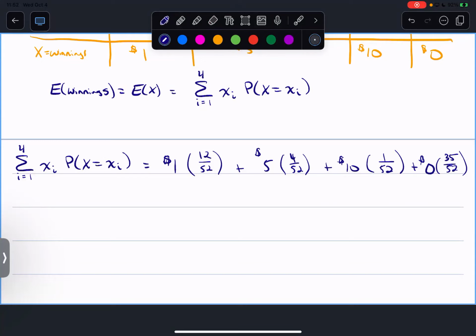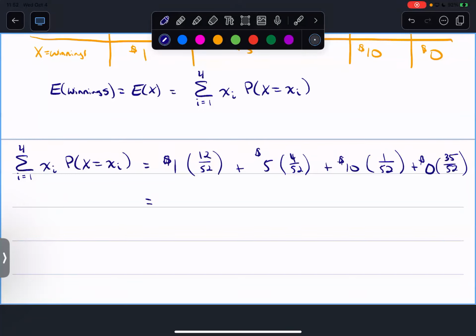If you had to tackle this without the formulas, this is where you would end up. You'd say, okay, I can figure out the probability of drawing an ace. That gets me $5. But this is just a more structured way of solving it, and pre-baked.